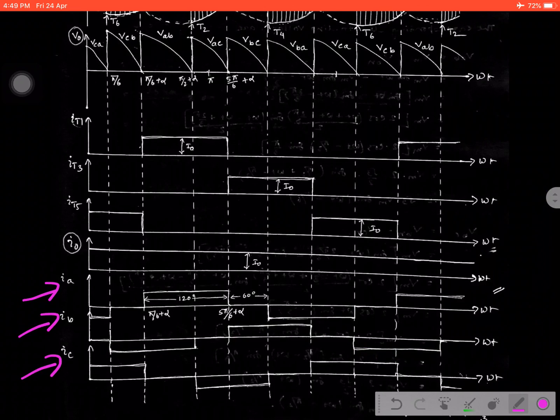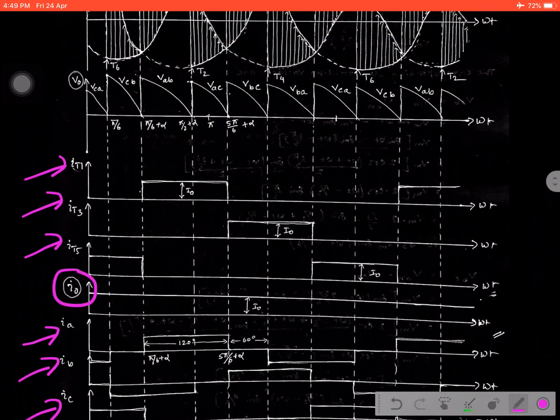This is the phase current, these are the line currents, this is the output current, and this is the output voltage. Now in this output voltage, we are going to calculate the average output voltage and RMS output voltage, as we are dealing with the rectification operation.